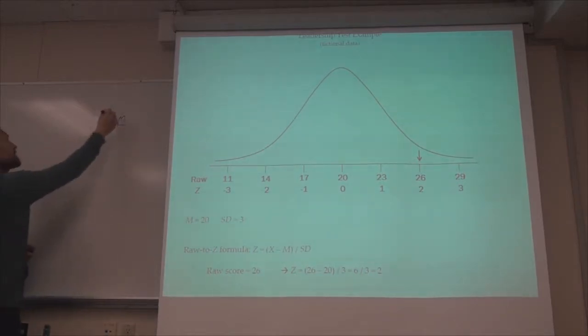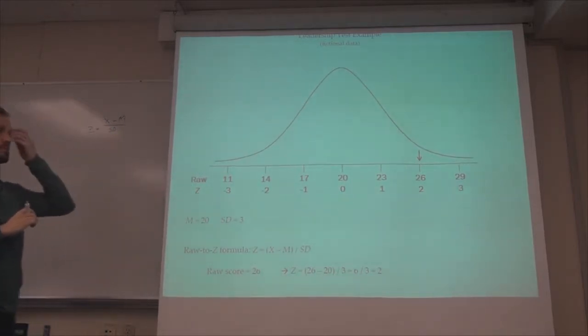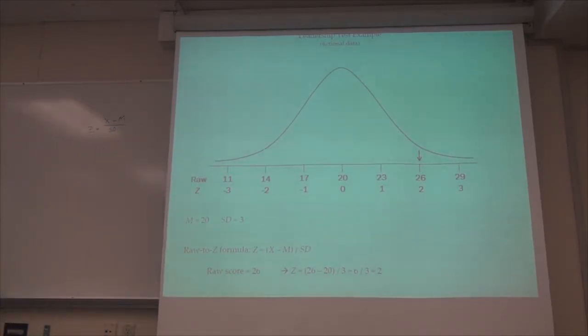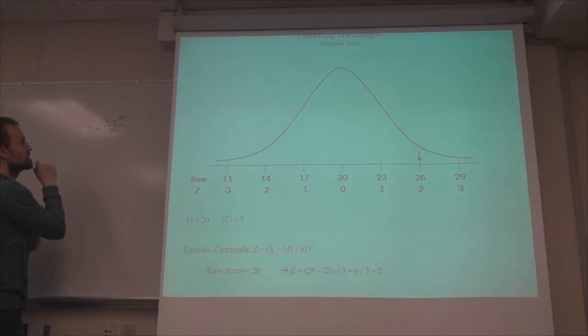That is if I'm given the X value and I want to find the Z score. What if I have the reverse? Given a Z score, what is the corresponding raw score value? So I just have to shuffle these things around a little bit.